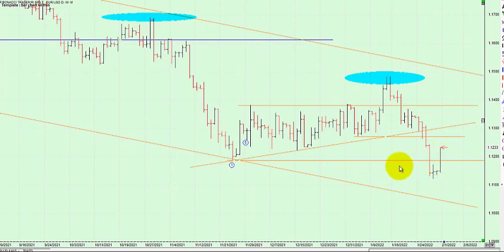Now let me show you what it looks like, because I get this question quite a bit. What is it that I use to get into some of my trades? What kind of system or strategy am I using? So the easiest way to do it is to realize that the first thing I'm going to do is identify critical levels of support and resistance that I can see on, let's say, a daily time frame like this using a bar chart.